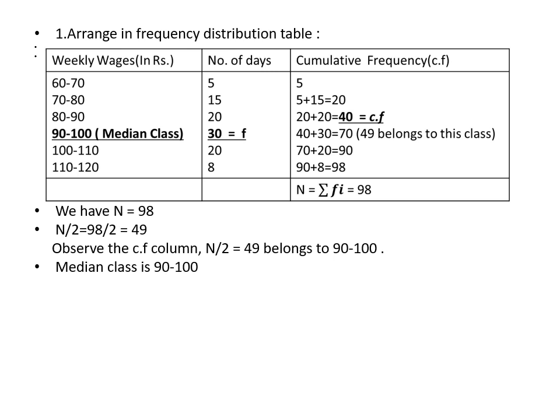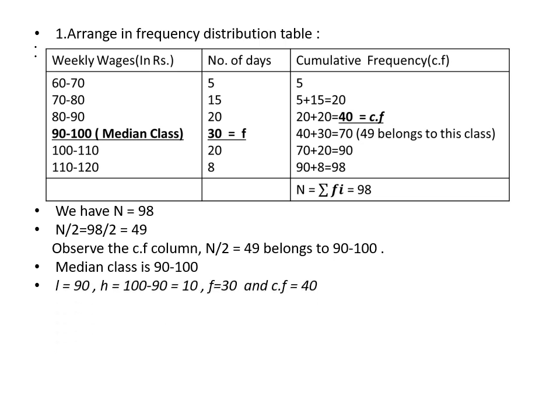Meaning in the first class there are only 5 frequencies, up to the second class 20 frequencies, up to the third class 40 frequencies are there, and from the 41st frequency up to 70 all frequencies belong to the fourth class, that is 90 to 100. So that's why it is the median class.